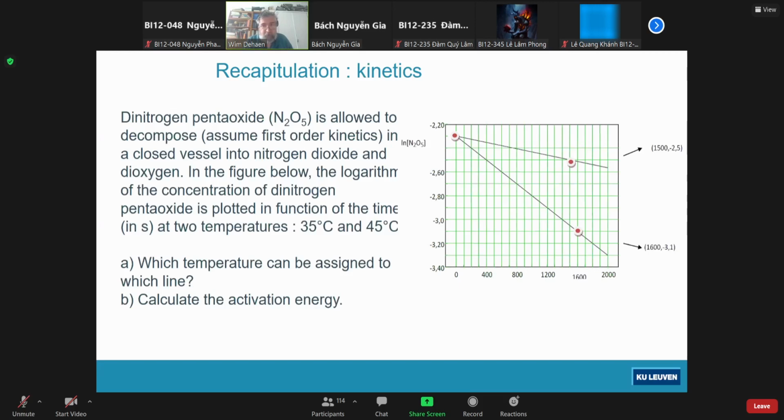This is a typical multiple choice question, which is similar to what you could have at the exam. So the first one is which temperature can be assigned to which line? And then you would have to do a calculation for that. That's not multiple choice, to calculate the activation energy. So we have two temperatures, 35 degrees Celsius and 45 degrees Celsius, a higher temperature.